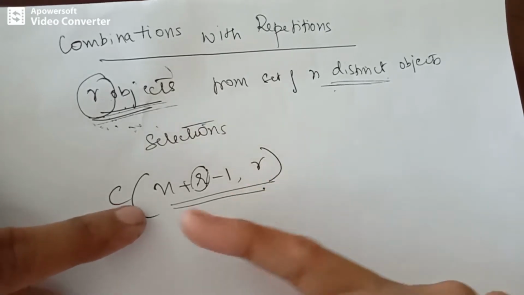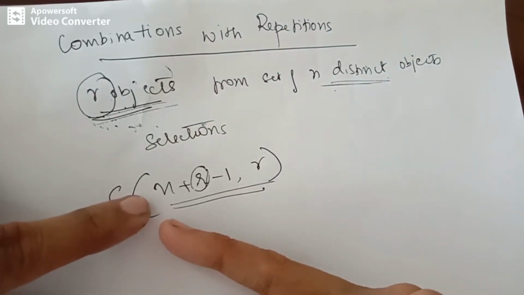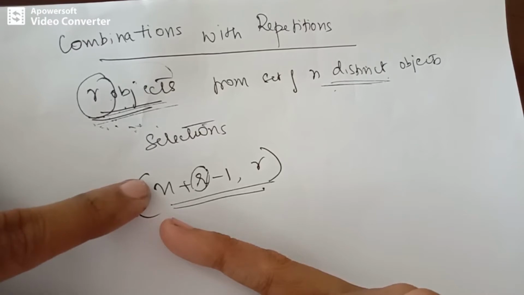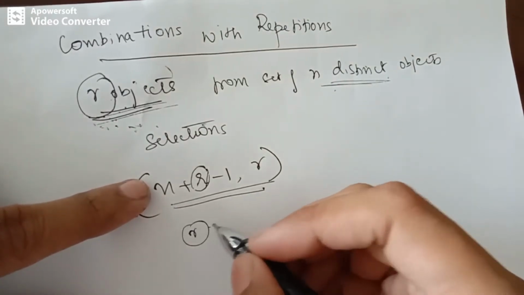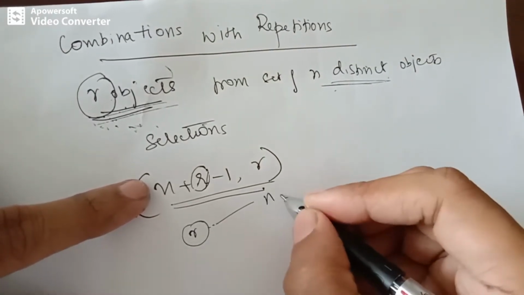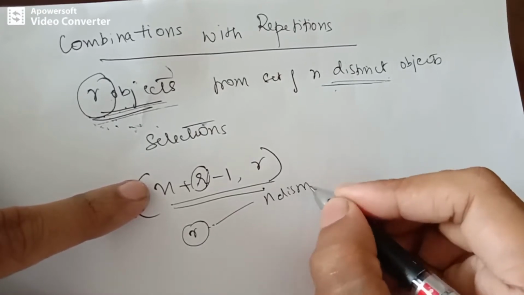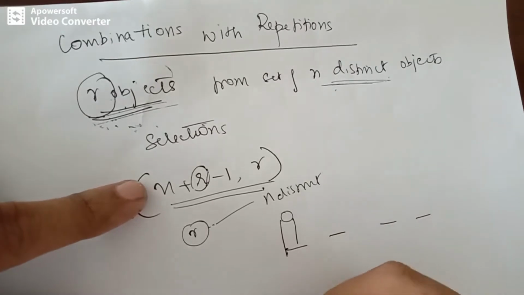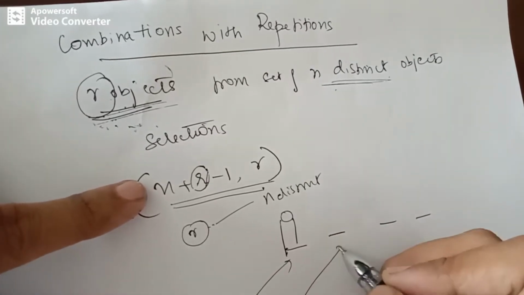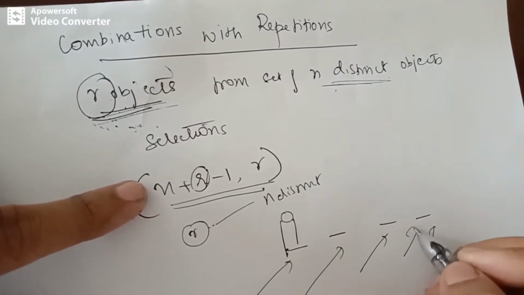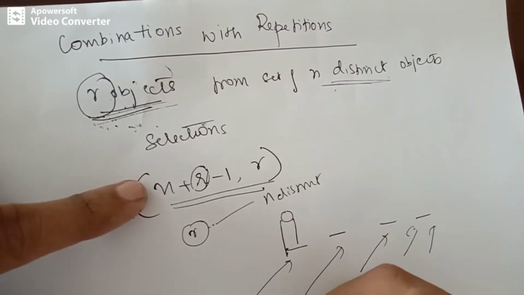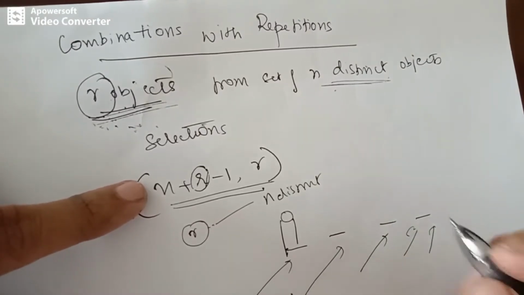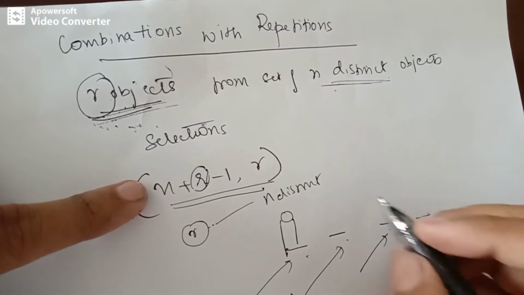I repeat, this represents the number of ways in which R objects can be distributed among the N distinct containers. How can I distribute R identical objects in these N distinct containers?